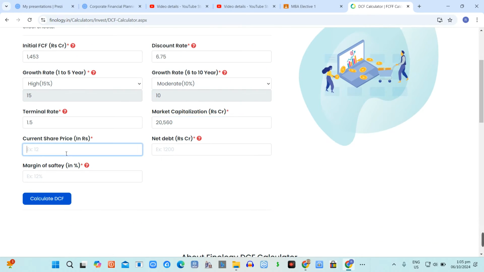Okay. Current share price is 20.56. Million shares. Then we have the net debt of, let's say, something. We have a margin of safety of 15%. Then we'll just calculate.